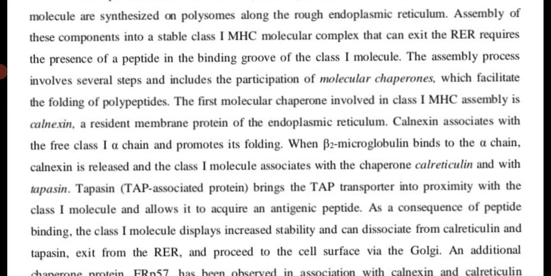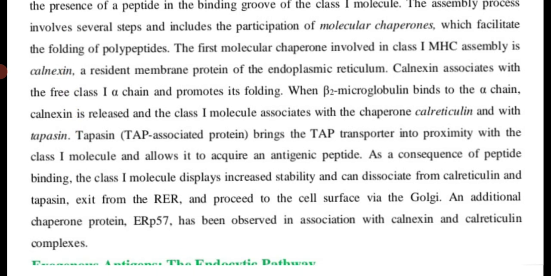Tapasin, a TAP associated protein, brings the TAP transporter into proximity with the class I molecule and allows it to acquire an antigenic peptide. As the antigen peptide loads on the class I molecule, a complex of class I molecule with peptide antigen is formed.